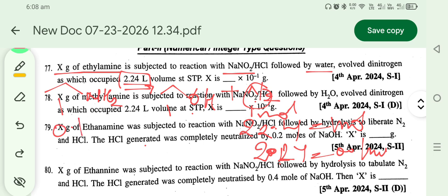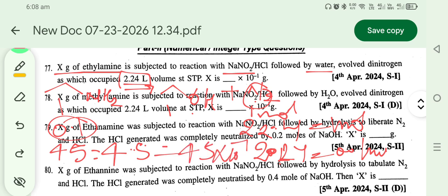For 1 mole of ethylamine it is 45 grams. For 0.1 mole, it is 4.5 grams. Hence, the answer may be written as 45 into 10 to the power of minus 1. X is 45 into 10 to the power of minus 1. Then the answer is 45.